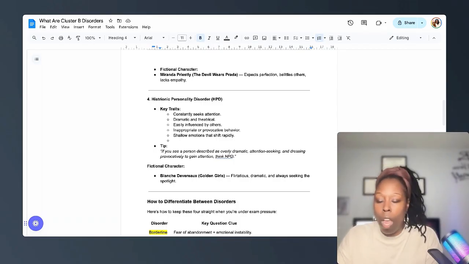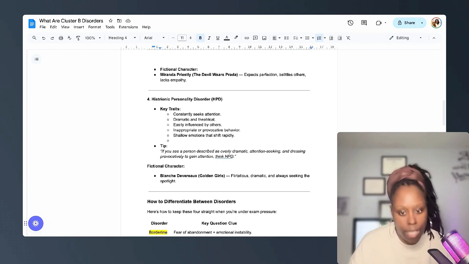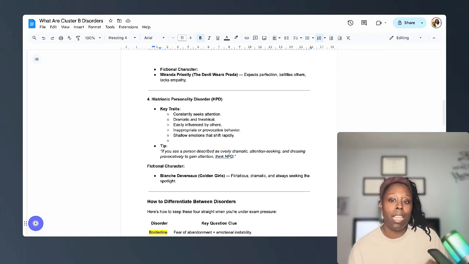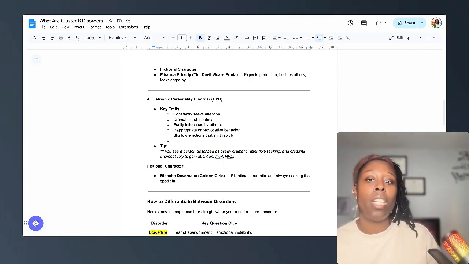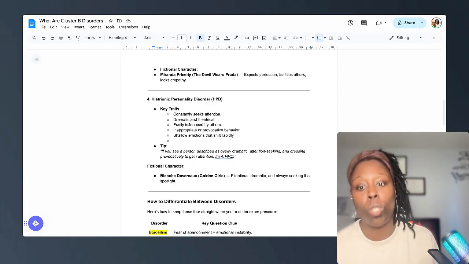Hopefully that's helpful. All right, the 4th one, histrionic personality disorder. Some key characteristics here are constantly seeking attention, dramatic and theatrical, easily influenced by others, inappropriate or provocative behavior, and shallow emotions that shift rapidly. So if you see a person on a test or a question or a scenario or a case study, and it says the person is overly dramatic, attention seeking, dressing provocatively to gain attention, think HPD, histrionic personality disorder.